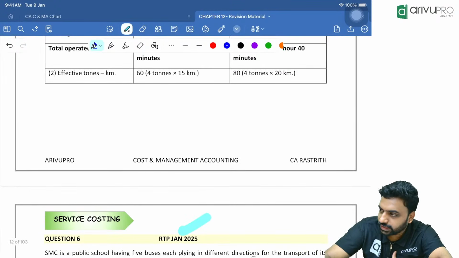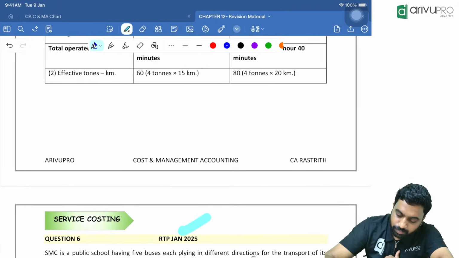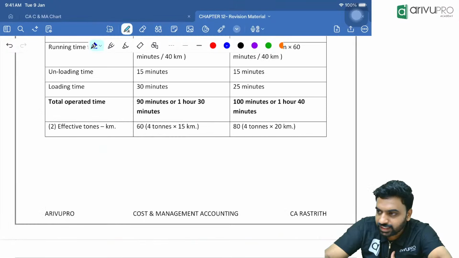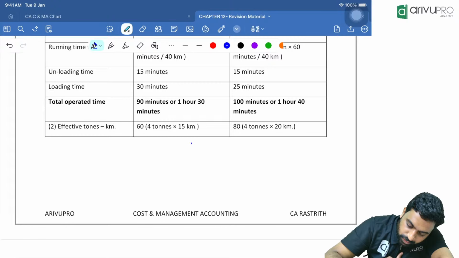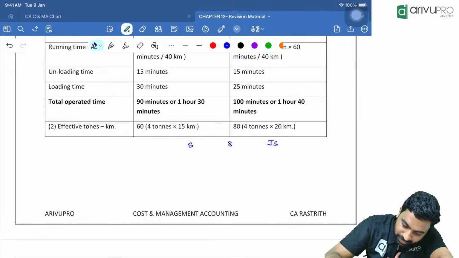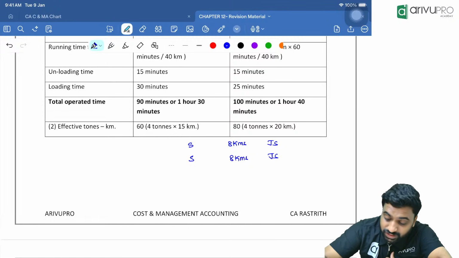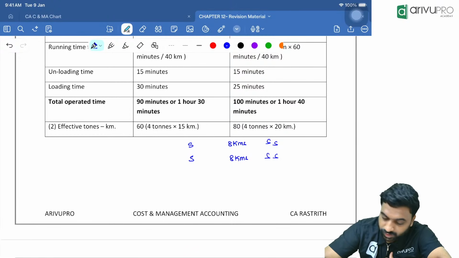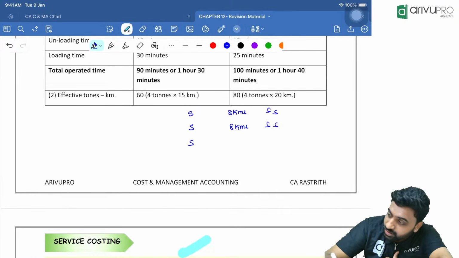Correct? No? Listen. One bus in a day, from school, it will go to junior students' house. Correct? How many kilometers will it be? 8 kilometers. From the junior students' house, it will come back to school again. Sorry, senior students, not junior students. Then again, morning only I am telling.